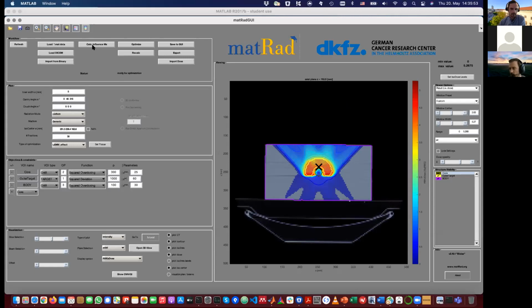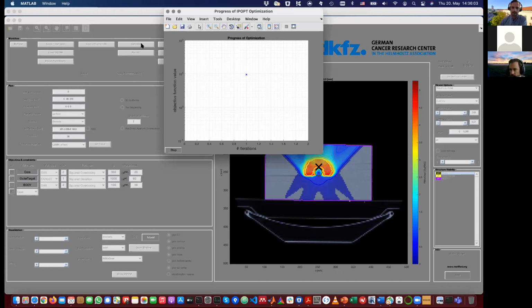So now we have computed the dose, and now we run an optimization and calculate now the biological effective dose. And you don't have to change anything in your optimization parameters, because now matRad knows that you are running a LEM4 effect optimization, and all the numbers you provide here, the reference dose values, are now being treated as biological effective dose values.